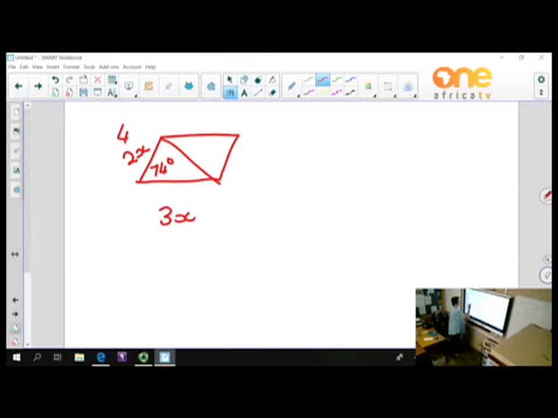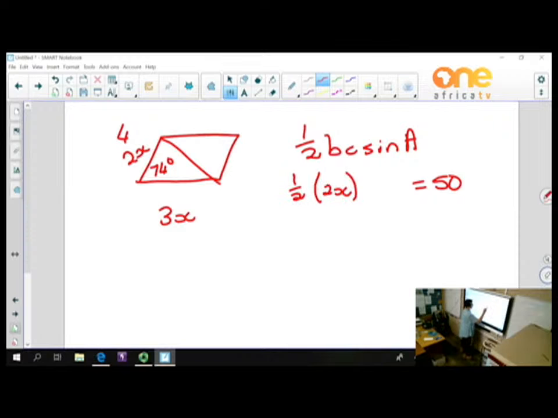Now I'm going to work in the triangle, not in the rectangle. So half BC sine A. So now I'm not going to equate it to 100, but to 50, because I divide it by 2. So it is then a half of 2x times 3x sine 74.